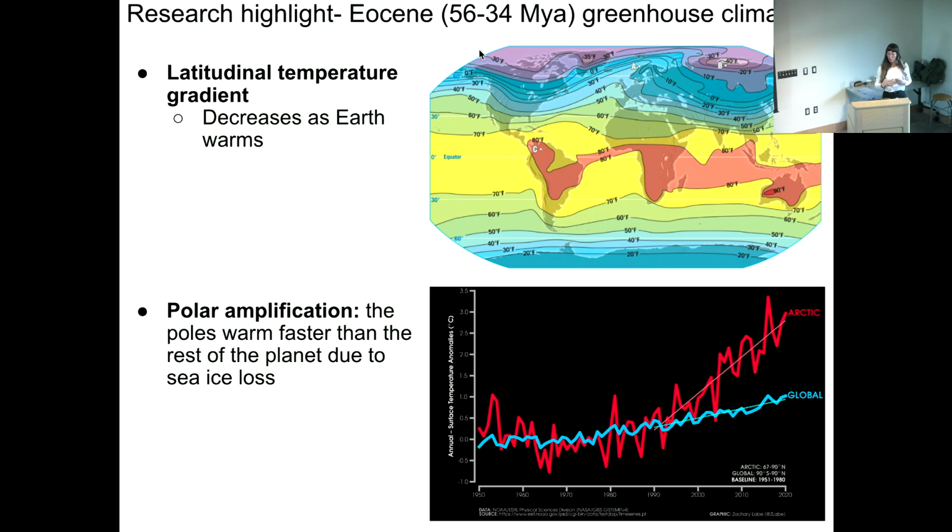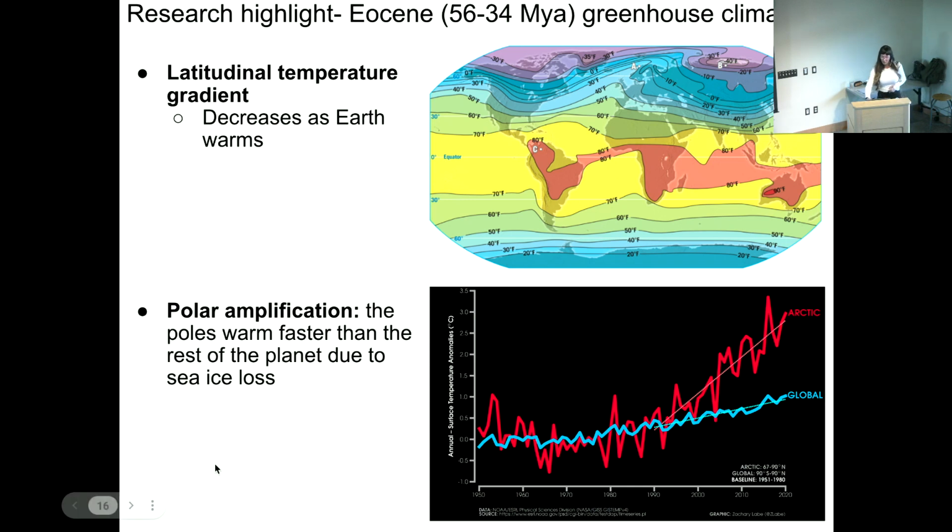So right now we have a pretty big temperature gradient from the equator to the poles. But as the Earth warms, the poles tend to warm faster than the equator does due to what's called polar amplification.